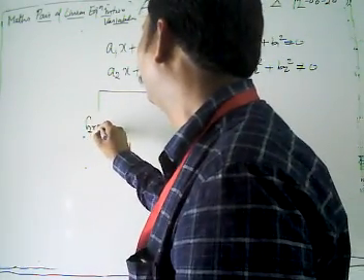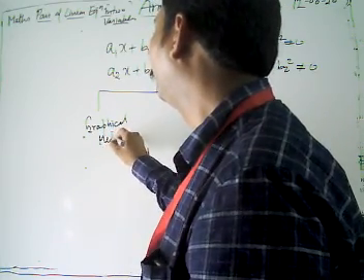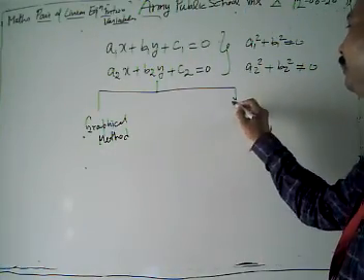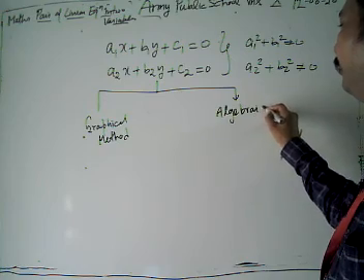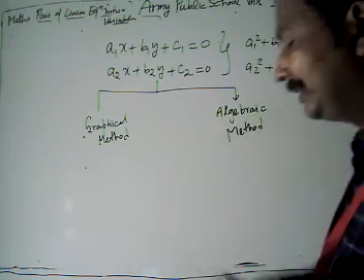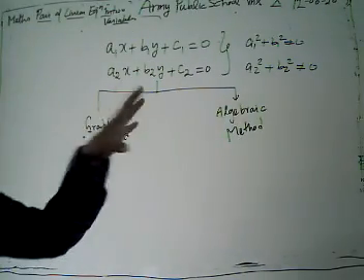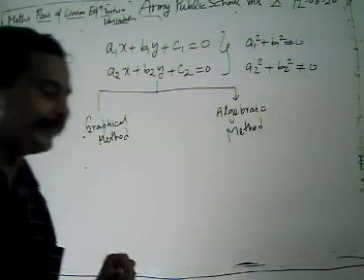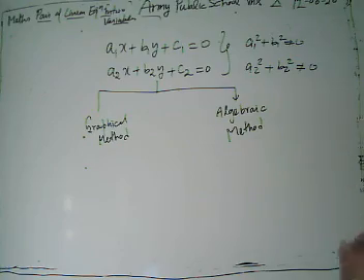By a graphical method and by an algebraic method. Means there are two types of methods to get a solution of this pair of linear equations in two variables. First one is the graphical method. Second one is our algebraic method.